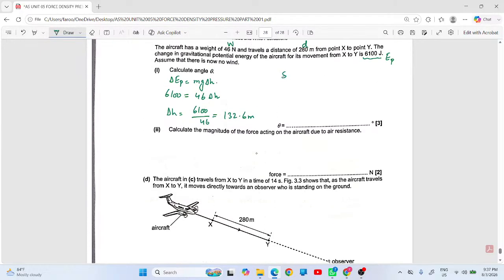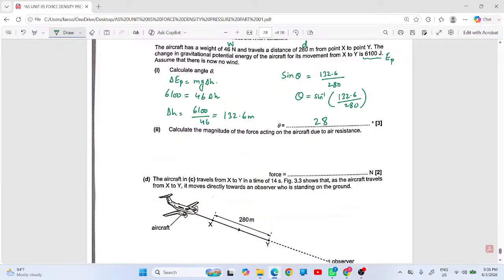So sin theta, perpendicular is 132.6, and the hypotenuse is 280. So theta equals sine inverse of 132.6 over 280. Check कर लें. Yes, 28 degrees the answer. Next, calculate the magnitude of the force acting on the aircraft due to the air resistance.